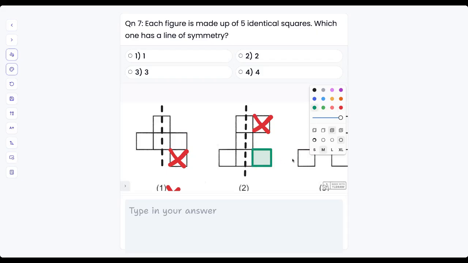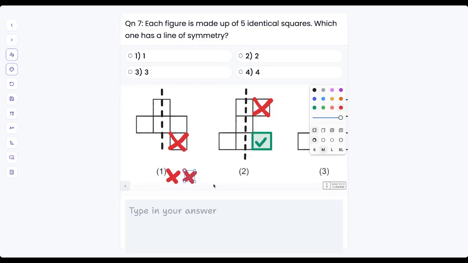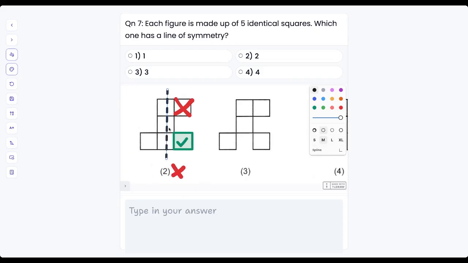Then we just put a tick. So in this case, this is nope. What about 3? 3 looks very, very close, but actually we don't need this one. So in this case, 2 is not.